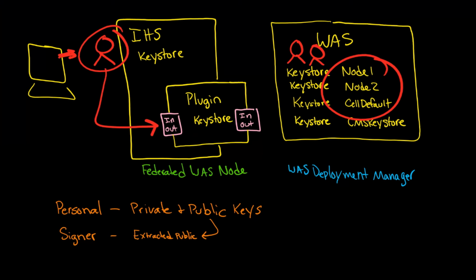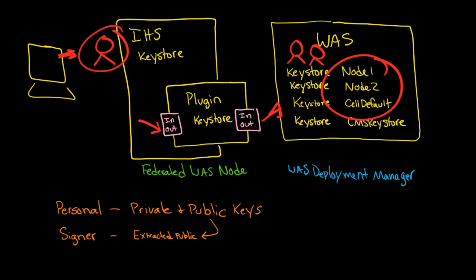And then of course these signer keys also need to be in that same key store. Otherwise the plugin, which has to translate between IHS and WAS, won't have any way to encrypt and decrypt all of the information coming in and also going back out. So that's very, very important.